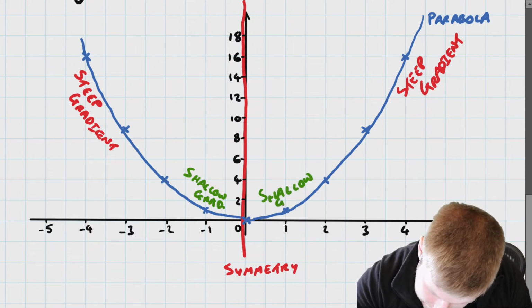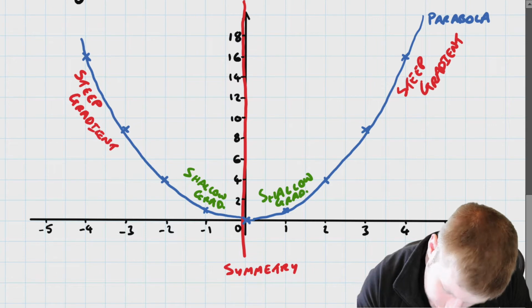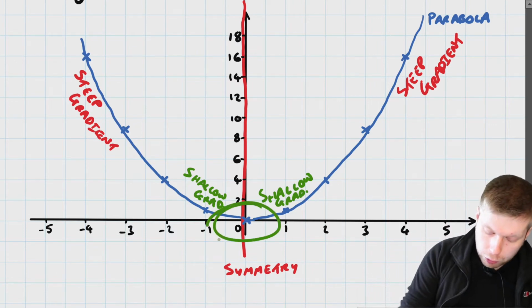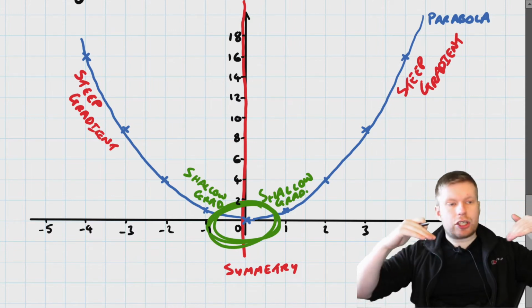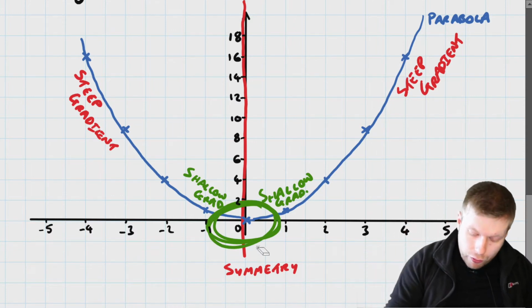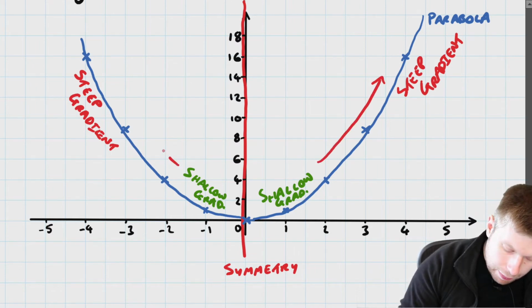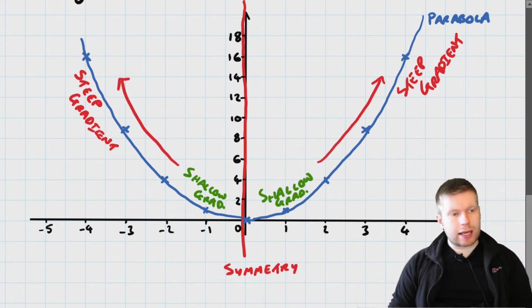So what I can basically say is that as I approach the bottom of my graph, the gradients get shallower. Then as I move away, the gradients get steeper. You happy with that? So as I move in that direction, the gradients get steeper. And as I move in that direction, the gradients get steeper.